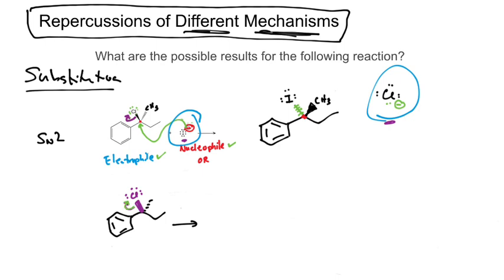If it leaves first, and we generate a carbocation, and then we'd have the chloride chilling out here with the negative charge. Okay, so that mechanistic step would be a heterolysis because we broke a bond. And then what would the next step be? Formation, so it's SN1.